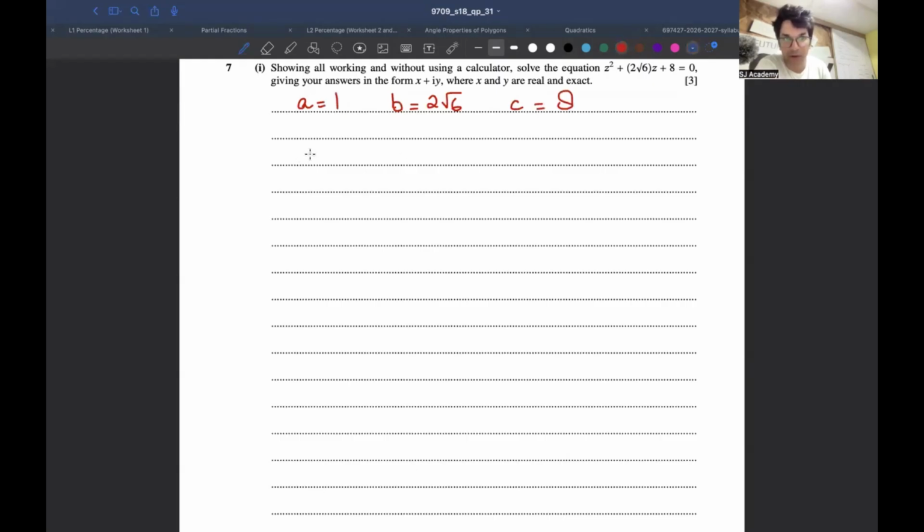Now applying the quadratic formula, that is minus b, so this will become minus 2 root 6 plus minus the square root of b squared minus 4ac. So b is 2 root 6, we'll write it as 2 root 6 whole squared minus 4ac, divided by 2a, so 2 times 1.